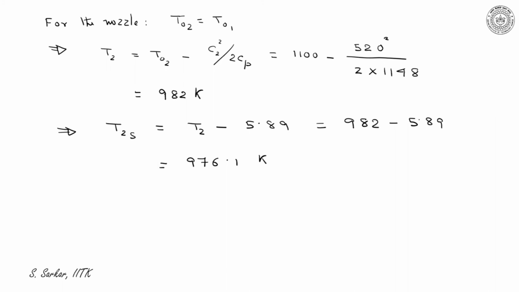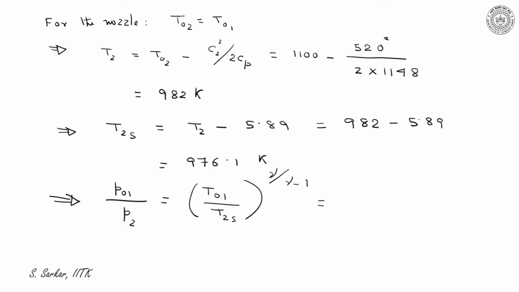Now I can say, using the isentropic relation, P01 by P2 is equal to T01 divided by T2s to the power gamma by gamma minus 1. I know the value of both T01 and T2s.